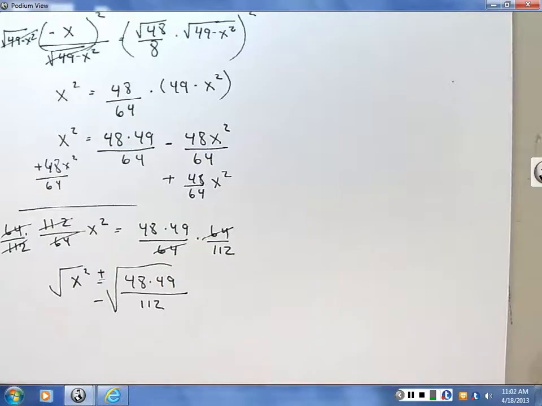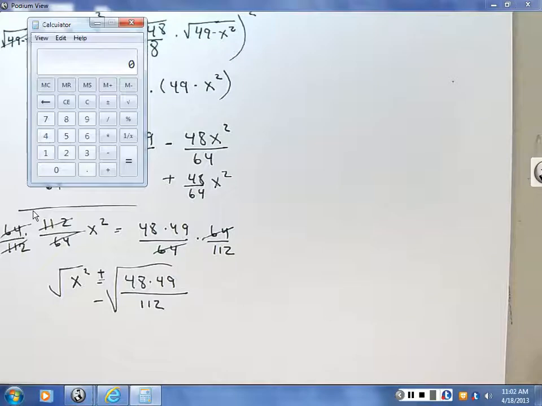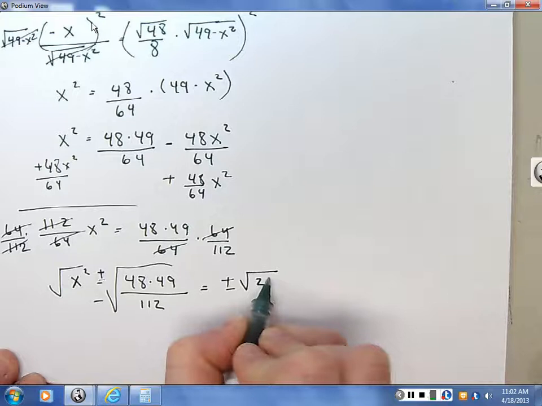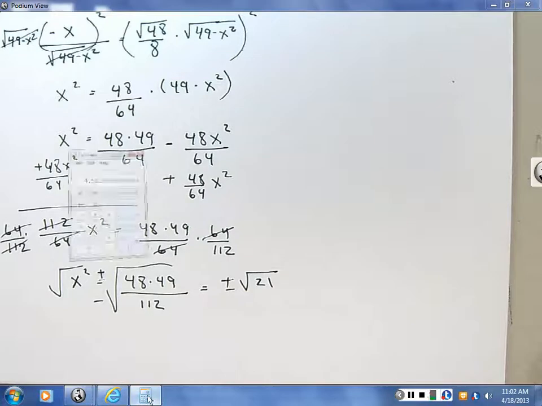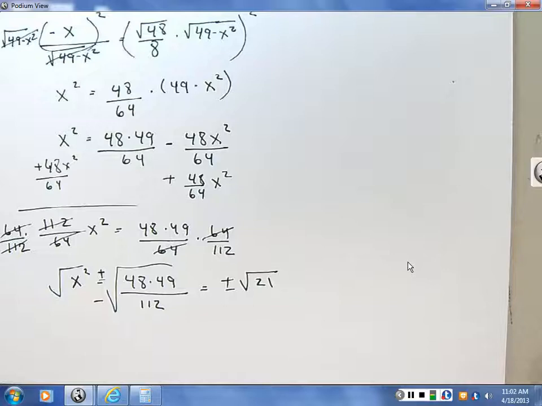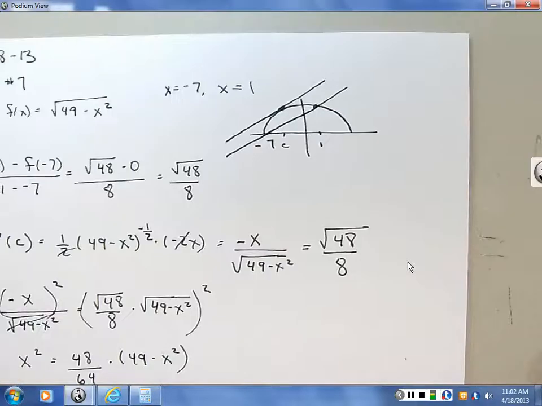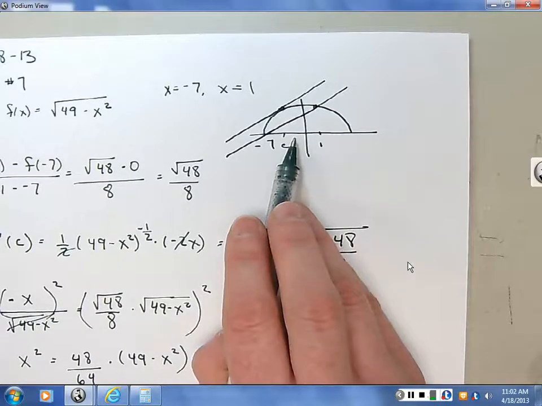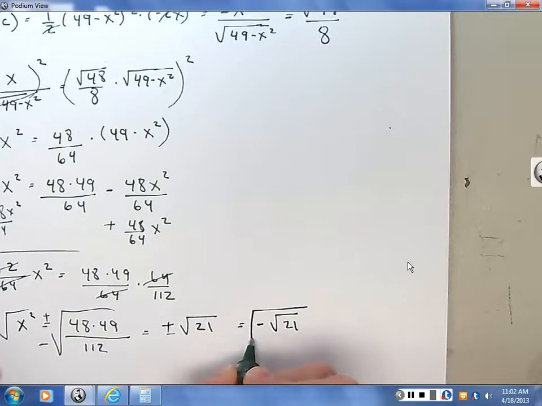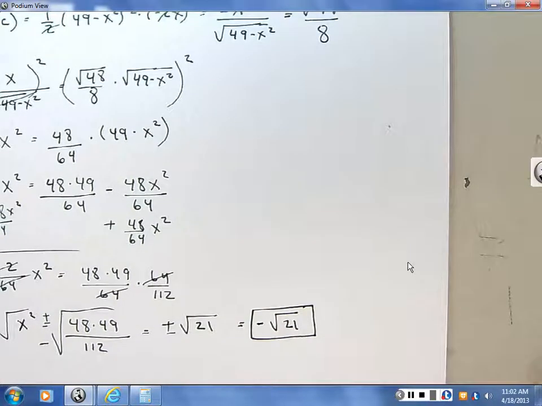We get 48 times 49 divided by 112, which is 21. So x equals plus or minus the square root of 21. The square root of 21 is about 4.6. So from our interval, only the minus one would make sense. So my answer here would be minus the square root of 21. Whew.